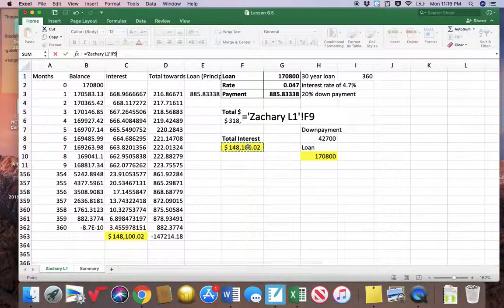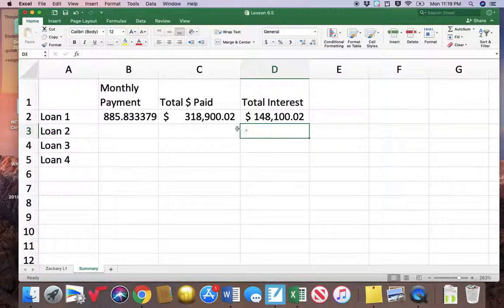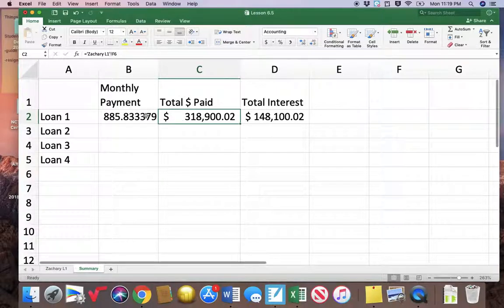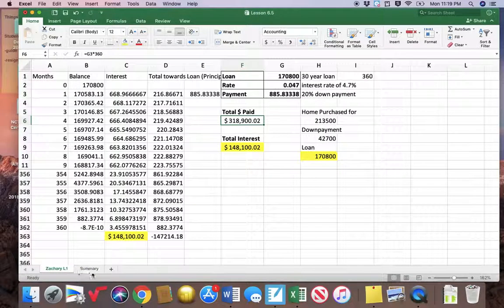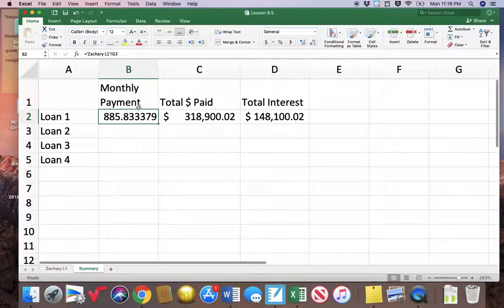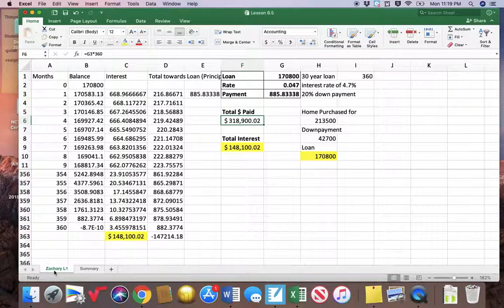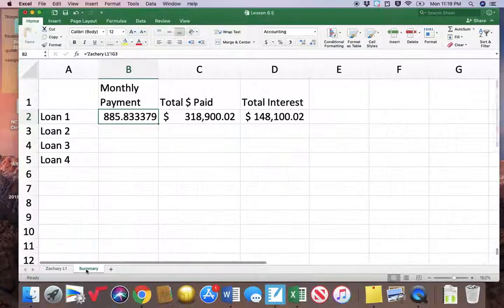Now, there we go. So now those numbers look good. So you can always pull from the sheets, although it's a lot less complicated if the equals Zachary L1 doesn't show up exactly right over the one that you're trying to pull from.